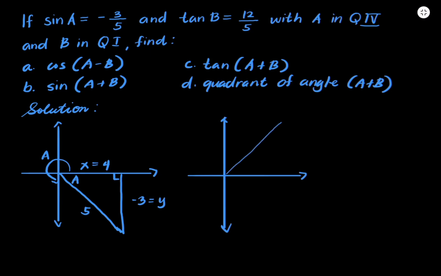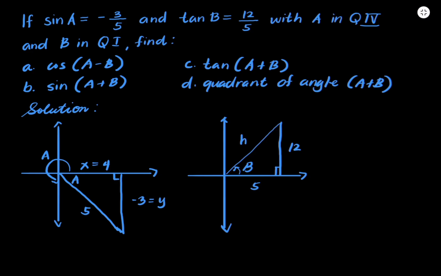So this is our reference triangle. So this is angle B. So angle B, tangent. So tangent is opposite over adjacent. So this is 12, the opposite of angle B, and adjacent is 5. So we need to find the value of the hypotenuse, say h.